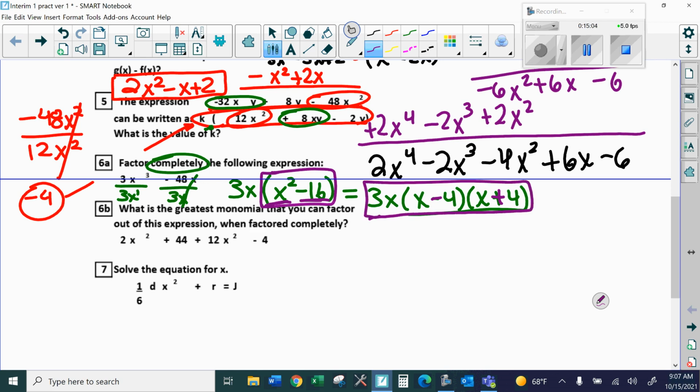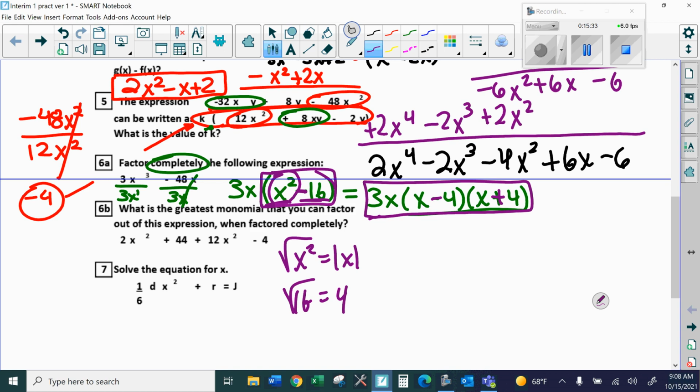But this is called a difference of squares. When we get into factoring, we'll be starting from here, and you'll have it memorized. If you ever see a binomial, x squared with a minus sign, it's called difference of squares. And this is a perfect square because x squared is a perfect square. The square root of x squared is truly the absolute value of x, but it is a perfect square, and 16 is a perfect square as well, with square root 4.